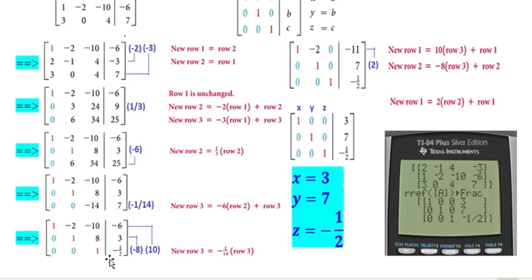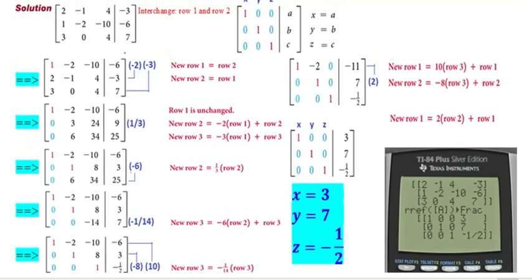So here we can do back substitution to solve it from here. Z is minus half, and back substitute to get X and Y. But if you continue, then you get it to reduced row echelon form. And that is, we're going to turn this to 0, this to 0, this to 0.